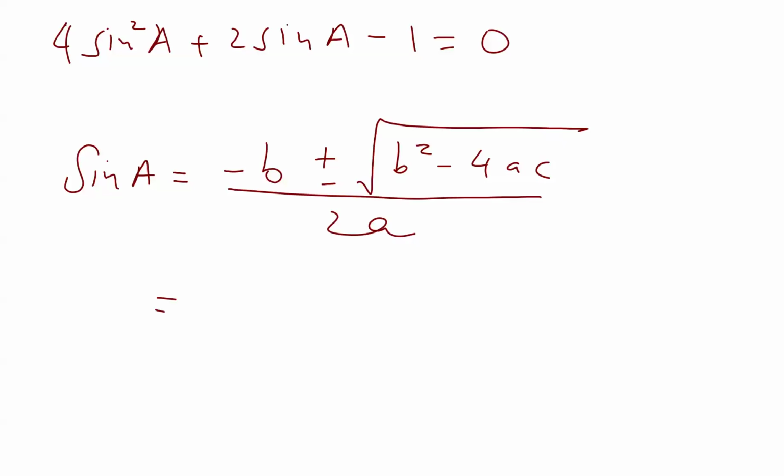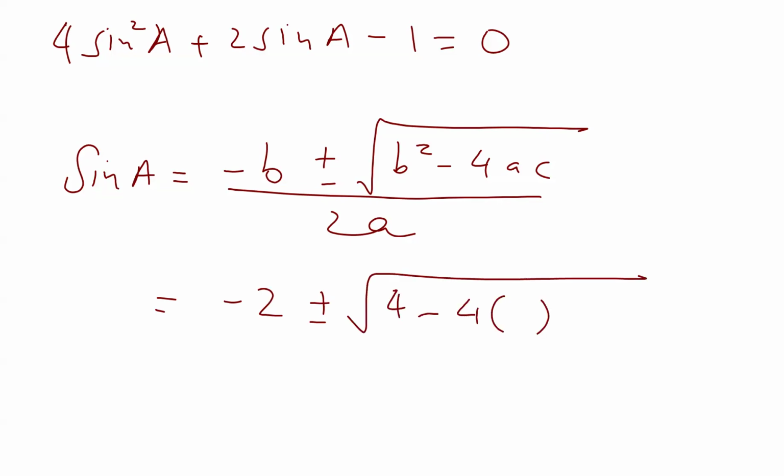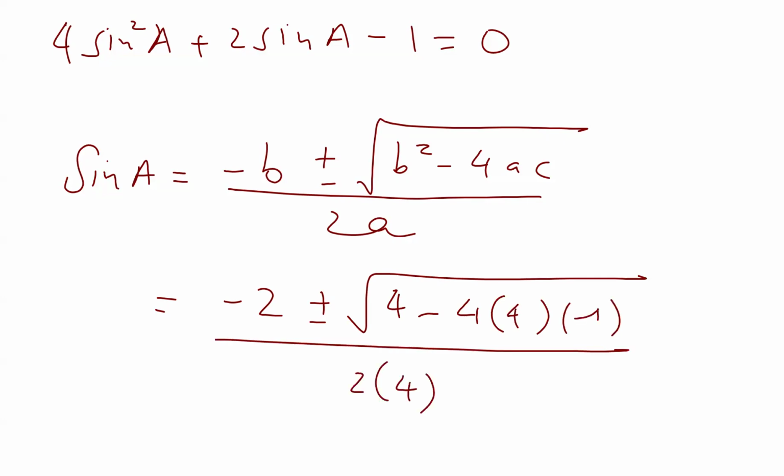So minus b is minus 2, b square is 2 square, which is 4, minus 4AC, where A is 4 and C is 1, upon 2A. So this is going to be 4 plus 16, that is 20.